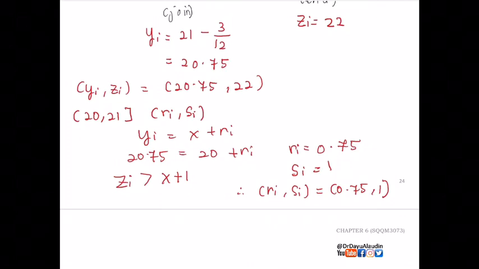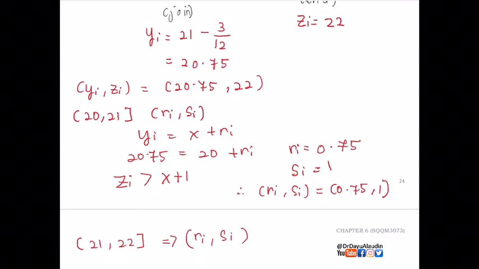Okay, second one, interval estimate 21 and 22. How to determine the Ri? Yi is 20.75, which is less than x.